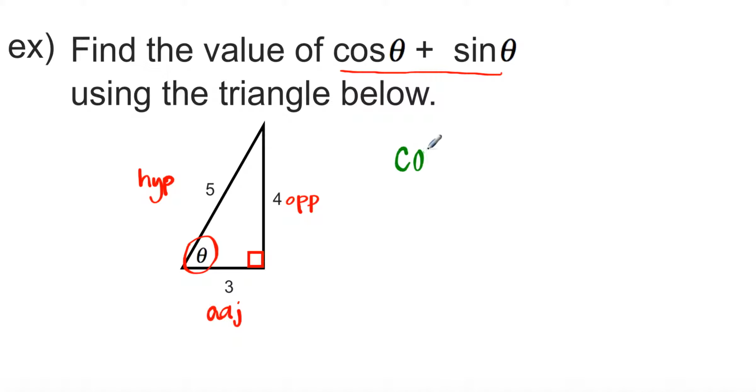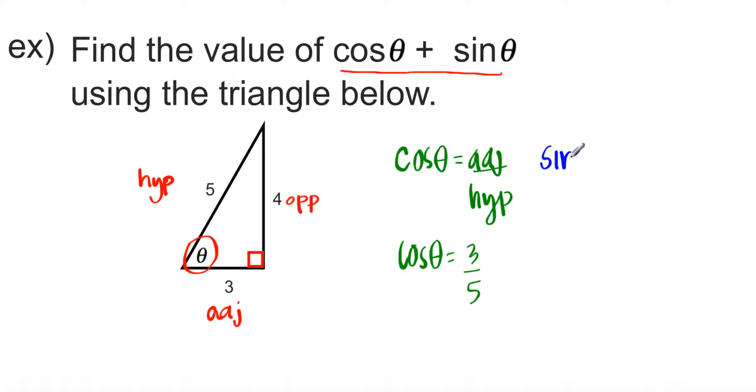Recall the definition for cosine is adjacent over hypotenuse. So the cosine of theta would be 3 over the hypotenuse, 5. And recall your definition of sine theta is opposite over hypotenuse.